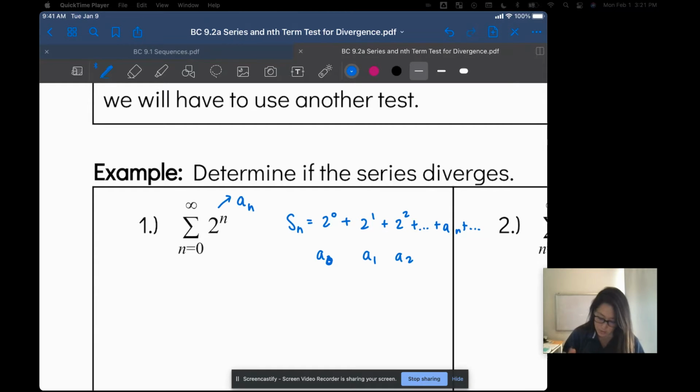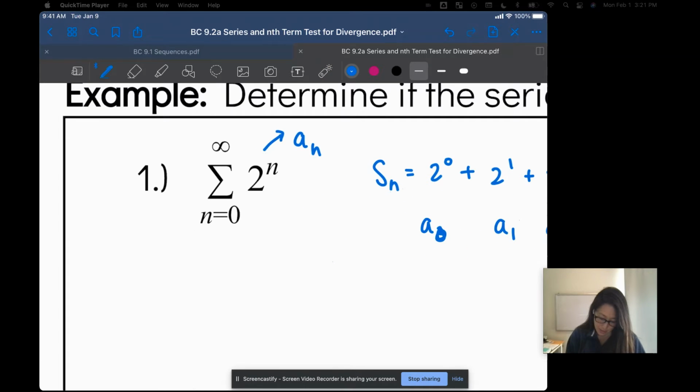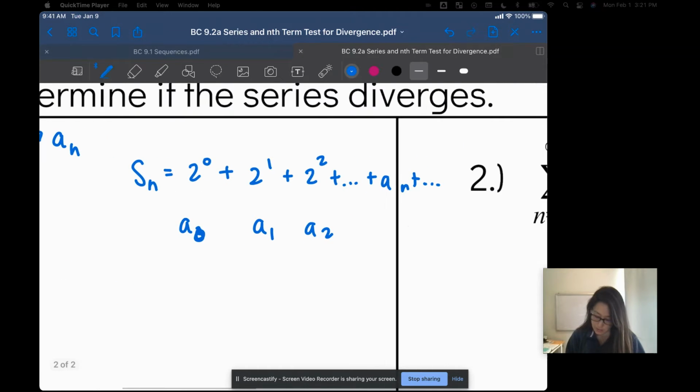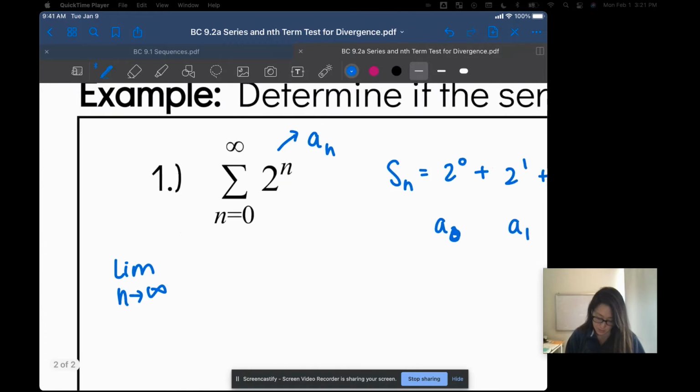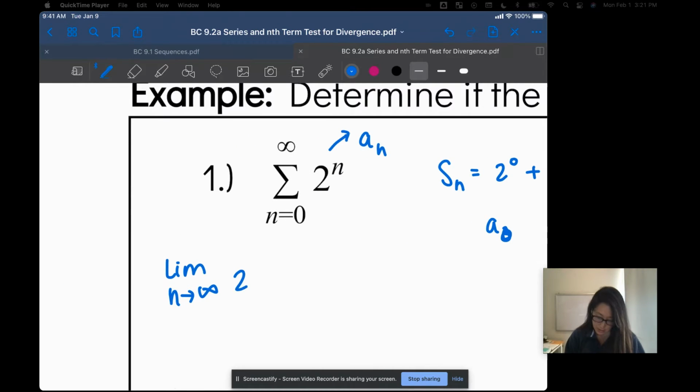Okay, so we can test to see without having to write the equation for the nth term of the sequence of the series. What we're going to do is use the nth term test. We're going to take the limit as n goes to infinity of the nth term of the series, which is a sub n, so this would be 2 to the n.